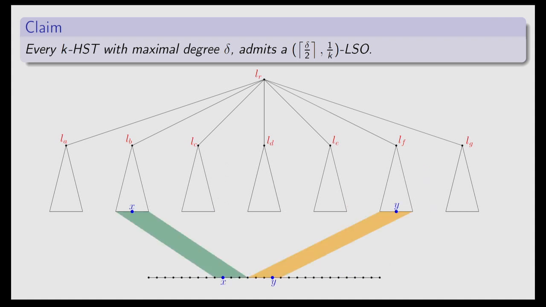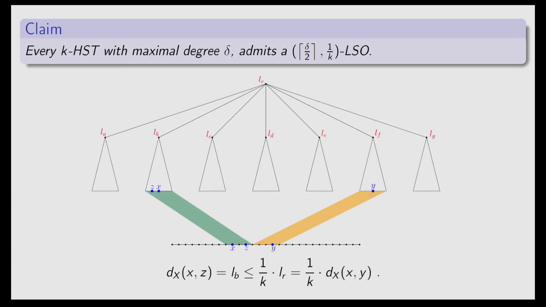On the other hand, if they come from different nodes, then for every z between them, it should be a child of either LB or F, and therefore the distance between x and z will be this label, which is k times smaller than the label of the root, and this label is exactly the distance between x and y, so we get the guarantee.